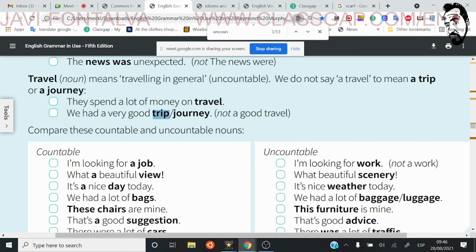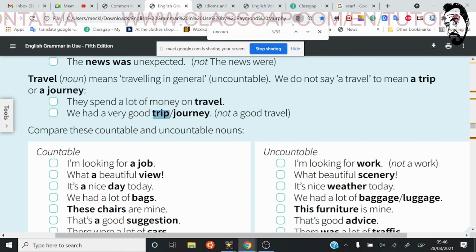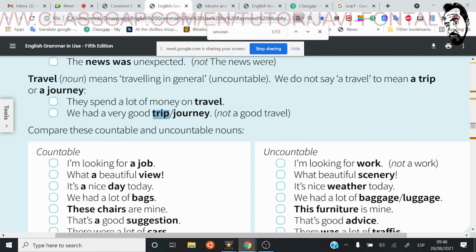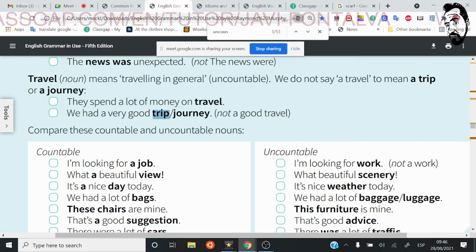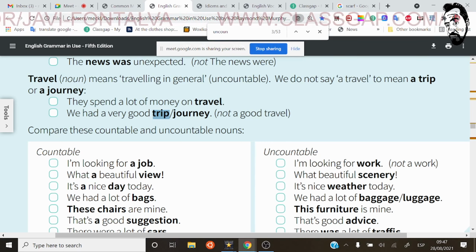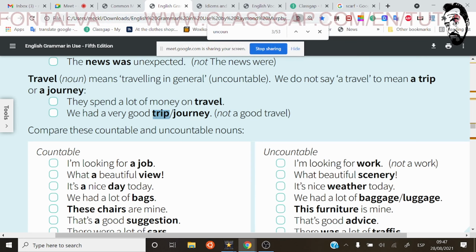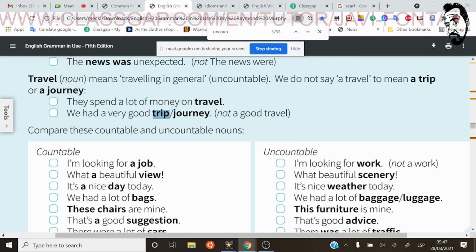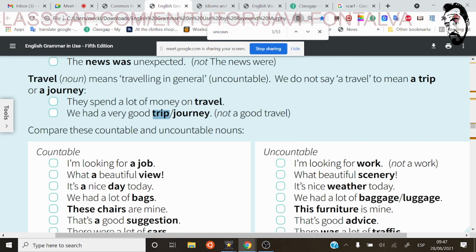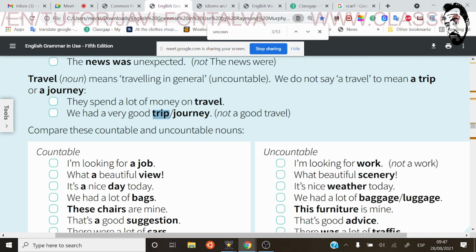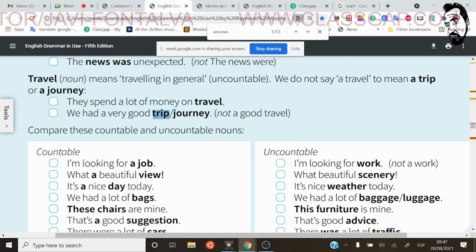And when do I use journey? When you say journey, for example, if you're talking about the trip to Paris, the journey means the time you spend on the plane. Imagine you're gonna travel to Paris. The time you spend on the plane, this is what we call the journey. How do I use it in a sentence?